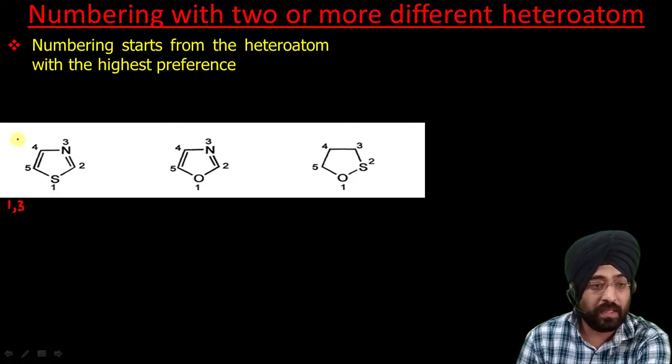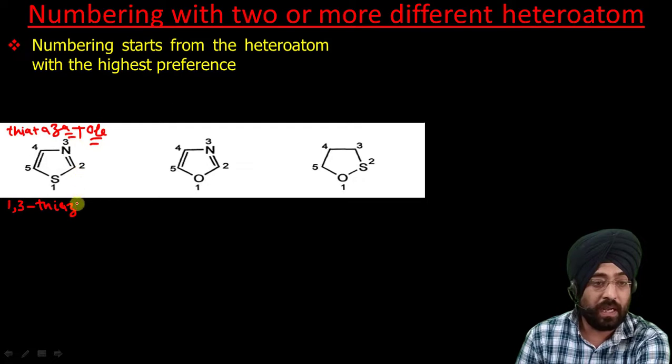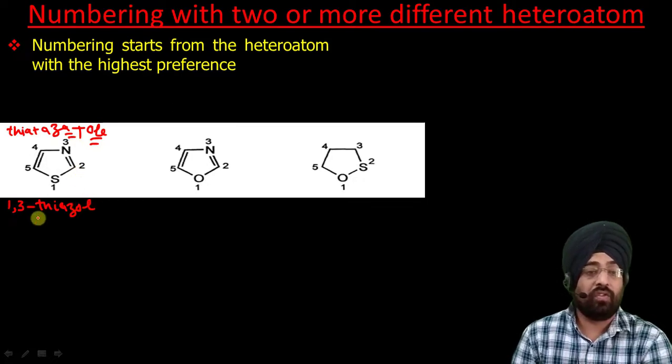Now thia plus aza, it becomes thiaza. Now the stem, 5-membered ring unsaturated, it is ole. Now we have to drop this a, thiazole, its name is 1,3-thiazole.